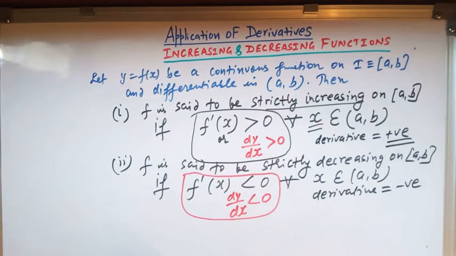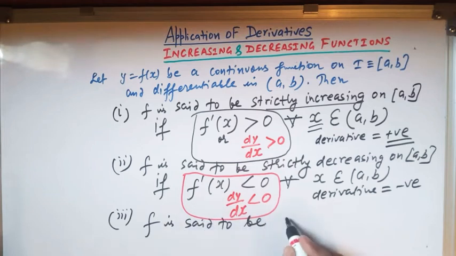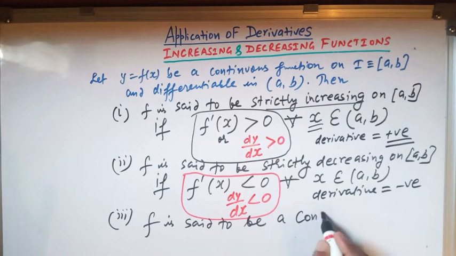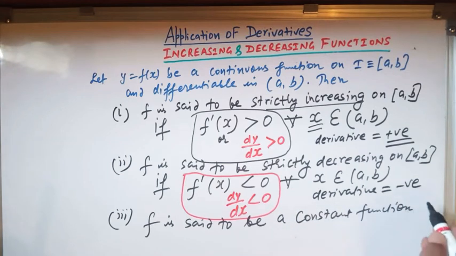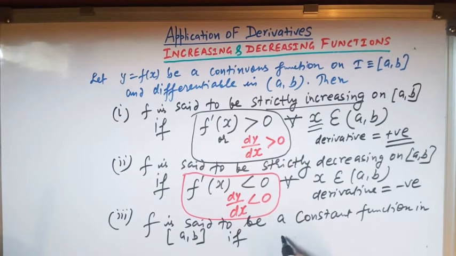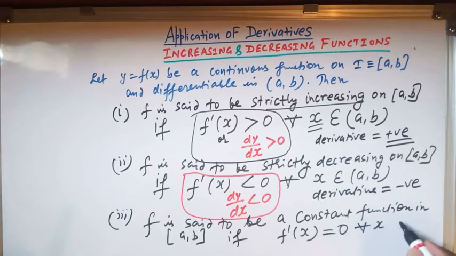Clear? And the last case is f is said to be a constant function in a comma b if the derivative is equal to 0 for all x belonging to a comma b.